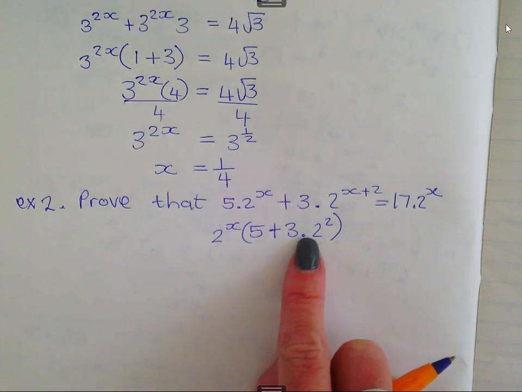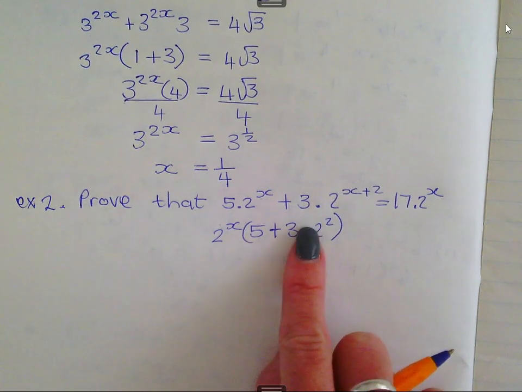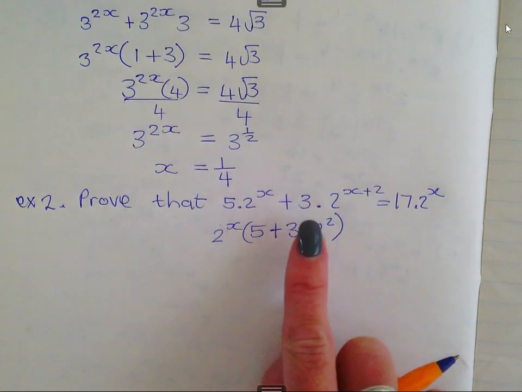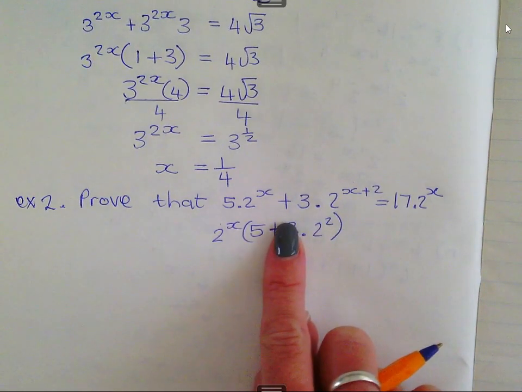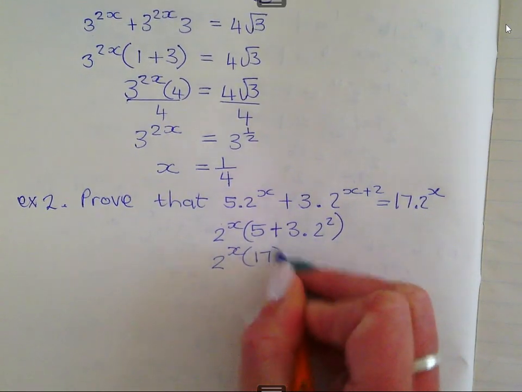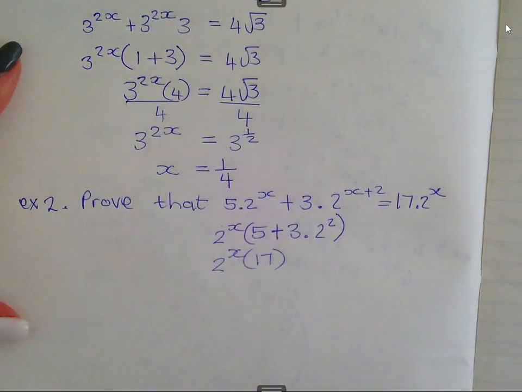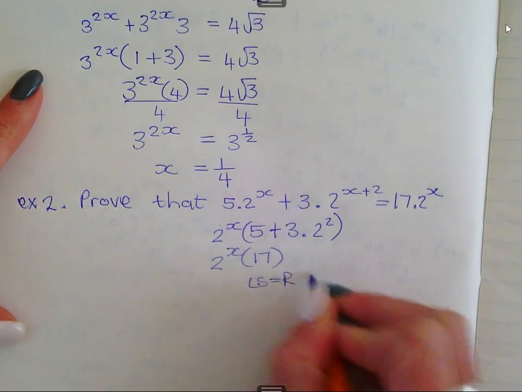Did one of you just say 6 to the power of 2? Huh? Bodmas. First exponents, then multiply. 2 to the power of 2 is 4. 4 times 3 is 12. 12 plus 5 is 17. What did they give me on the right hand side? So now I can say left side equal to right side.